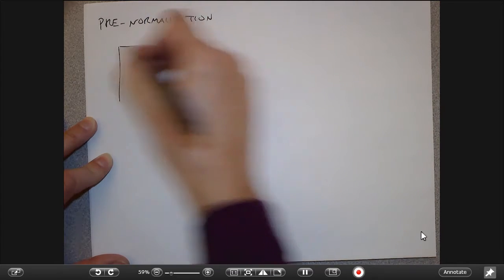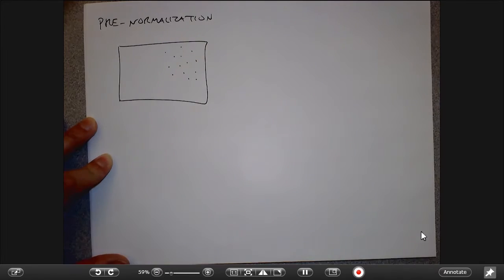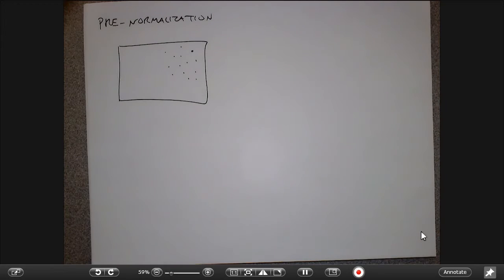It could be that initially my points in image 1 are all over here in one part of the image, and maybe they all have large values, right? For example, if I've got a normal sized image, maybe the coordinates of this point are 1,000, 800. So I've got really big numbers entering into my estimation problem.